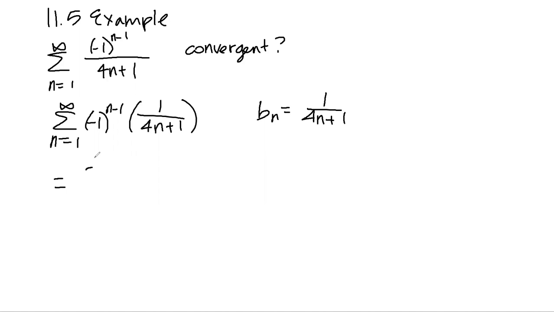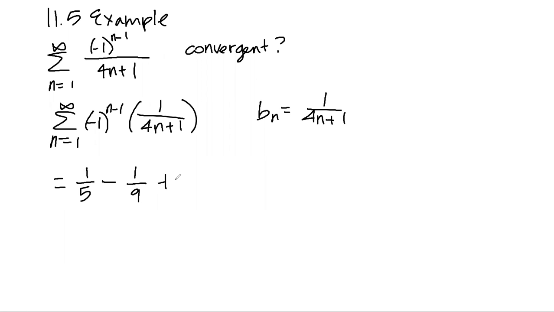Sorry, we have 1/5 as our first term. Our second term would be n equals 2. That (-1)^(2-1) would be negative, and then 1 over 4 times 2 plus 1, so that would be 1 over 9.